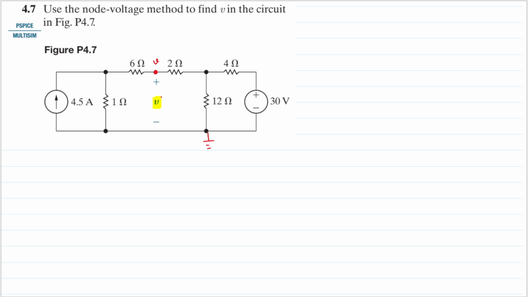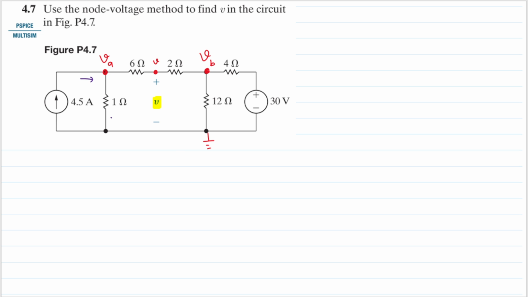Okay, maybe let's name another nodes here. This node here is VA. And this node here is VB. Okay, now let's assume the direction of the current. This current here will go into VA.